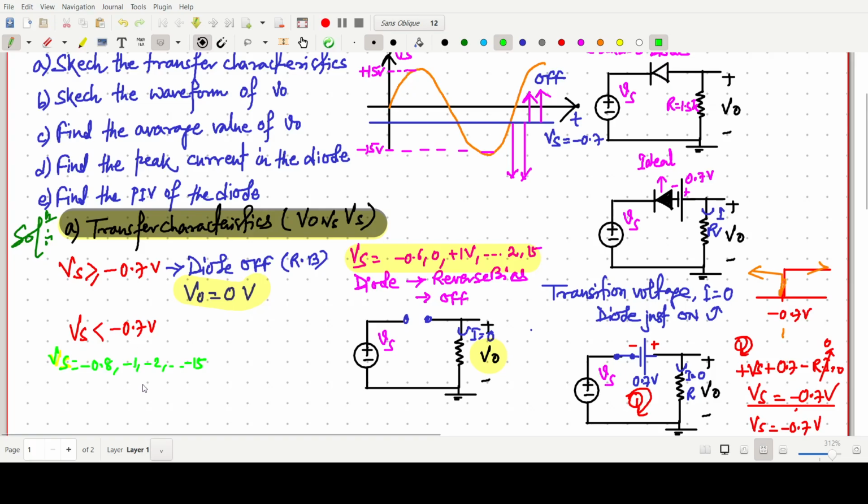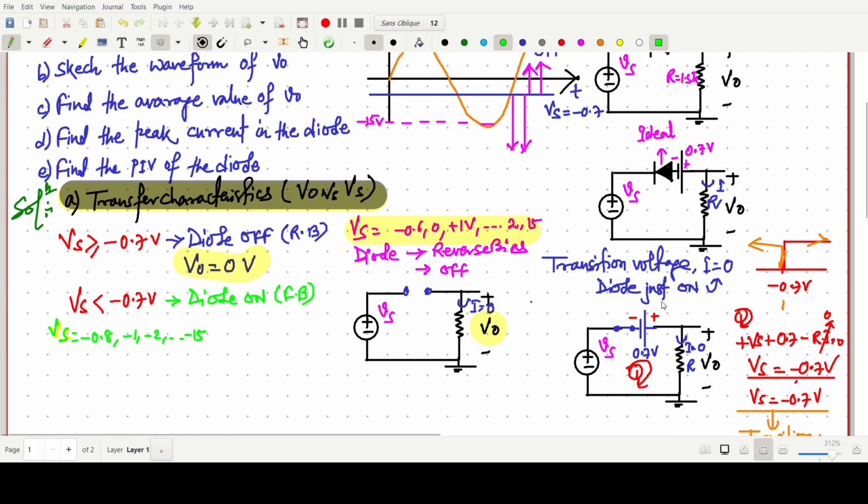So when this is negative, the diode will become forward bias. So the diode becomes forward bias, and the diode becomes on. Very simple thing.